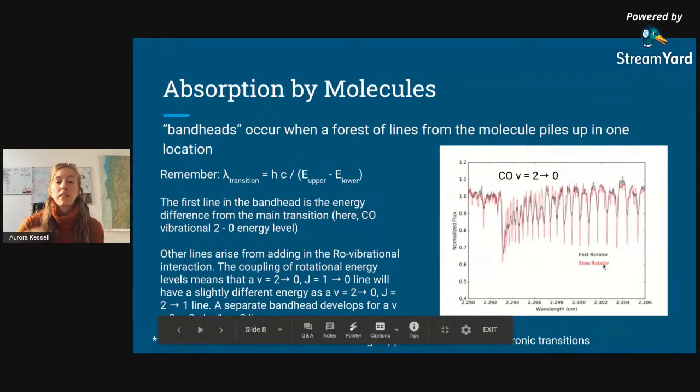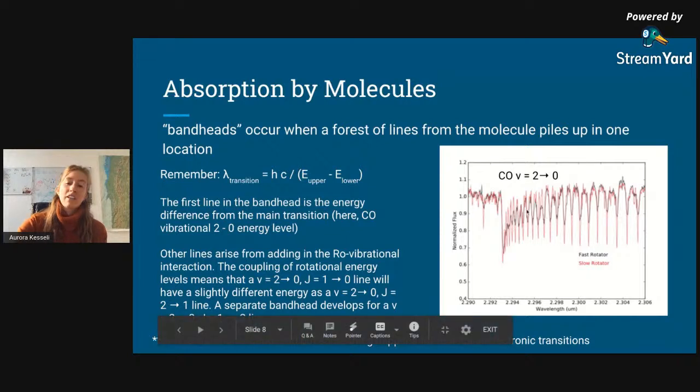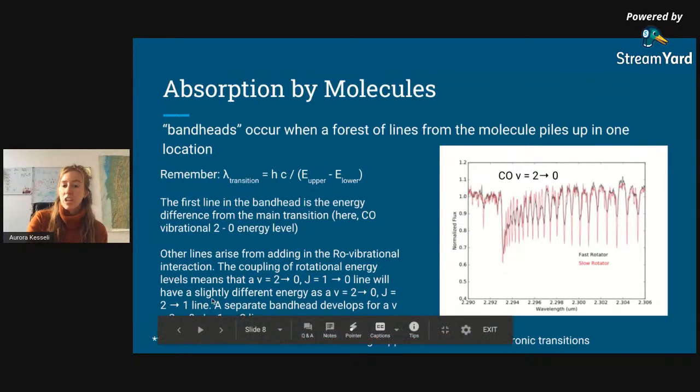Right, so you have 2 to 1, 3 to 2, 4 to 3, and so on for all of these lines. And then you also get secondary bandheads for the opposite. So now instead of going from 2 to 1, you can go from 1 to 2, or you can have no J transition.